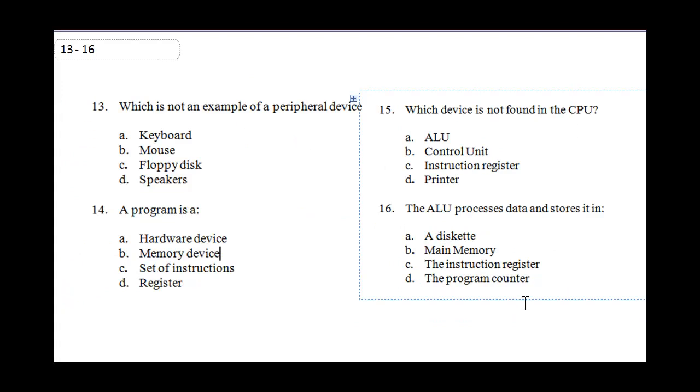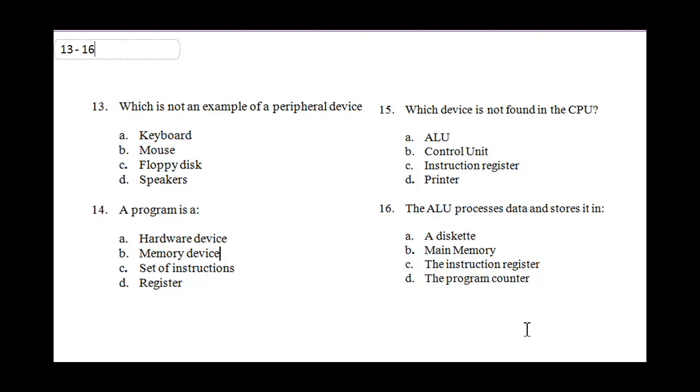Question 13 says, which is not an example of a peripheral device? Now, peripheral devices are those devices that can be attached to the computer but are not a main part of the computer. They can be plugged out and plugged in. For example, your keyboard, your mouse, your printer, your speakers.